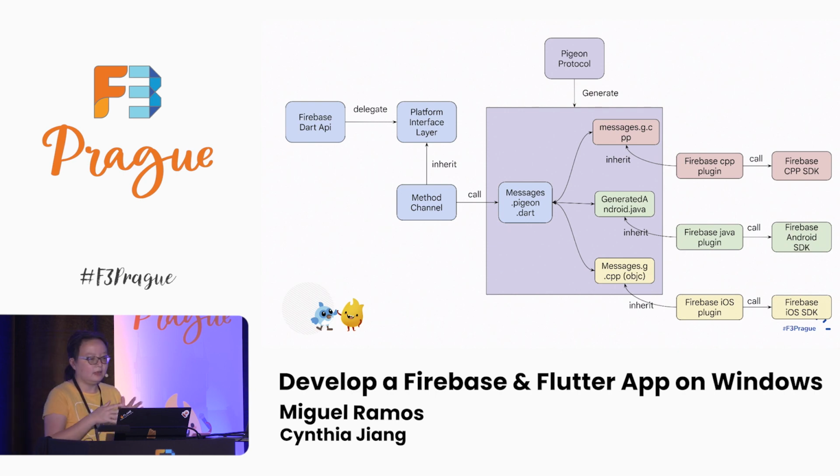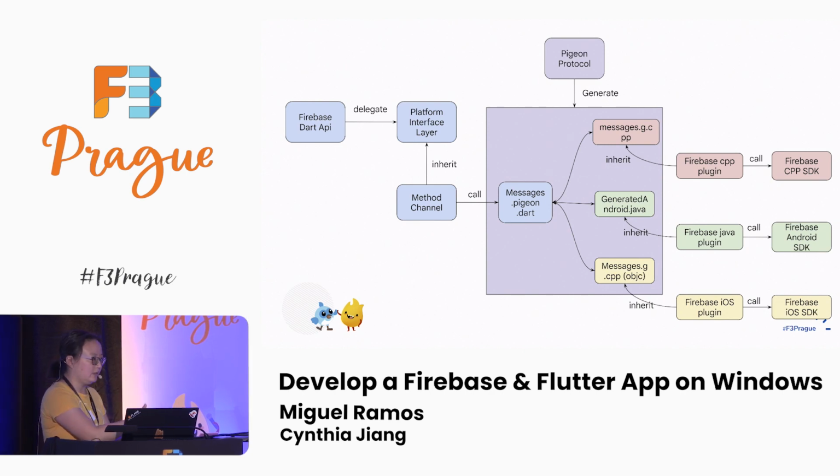There are several modules in the high-level setup that talk to each other, do the encoding and decoding, and in the end we call into the Firebase native SDK, which is iOS, Android, and C++. So we do this support in all the platforms to make the integration with Windows simple in your app. The reason that I'm showing this is because this is a purely open source project, so all community contributions are super welcome.